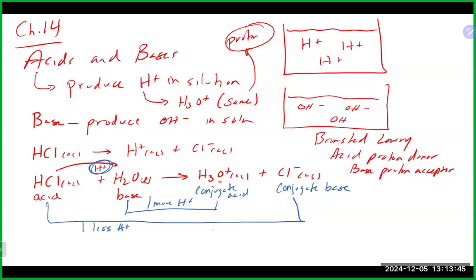Remember that when we're doing this, if you had something like maybe this and this, these guys are pairs, as the difference is only one H plus. But if you had something like this and say something like this, these guys are not pairs, as it's more than one H plus. So it has to only be that one H plus.